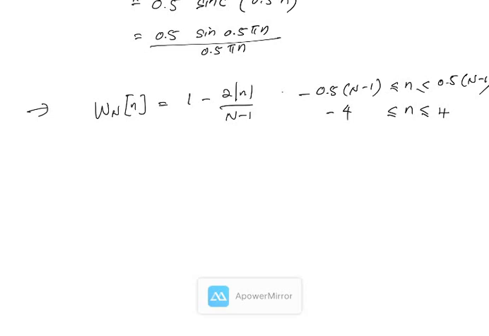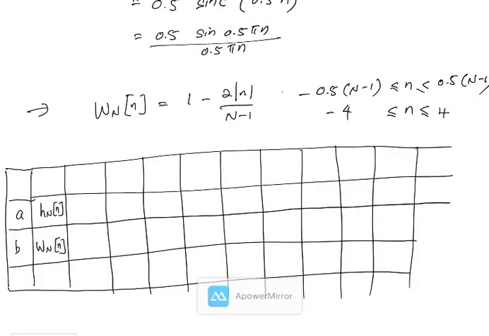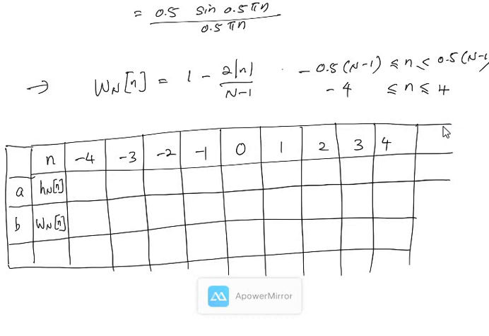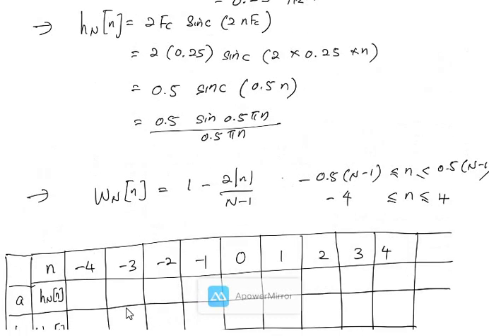So first of all, we can draw a table. Here N equals 9, which means n is from negative 4 to 4. So we put the n values from negative 4 to 4. Based on the formula of h[n], you substitute n with negative 4, negative 3, negative 2, up to 4.